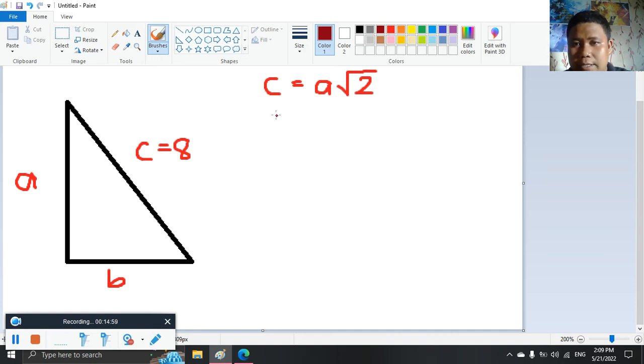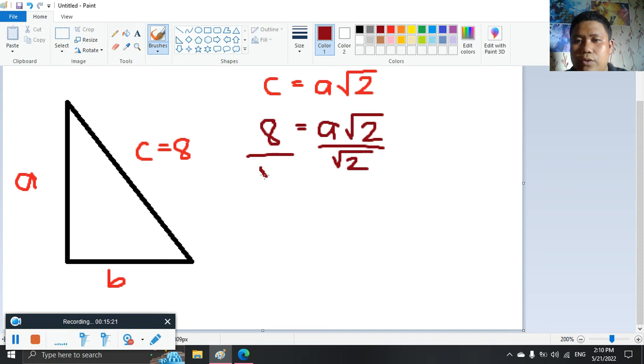So, substitute the value of C, which is 8. So, 8 equals A times the square root of 2. Then, to find A, we're going to divide both sides, the left and the right side, by the square root of 2. At this point in the solution, do not use the calculator.